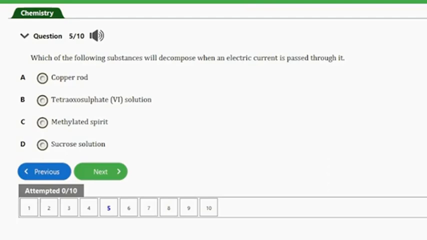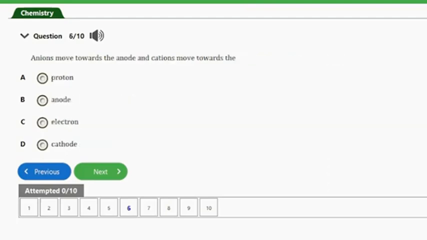So that's the substance that will decompose when an electric current is passed through it. And that's because it's the only electrolyte here out of all the options. So remember that an electrolyte decomposes when an electric current is passed through it. So guys, that's it for that question.